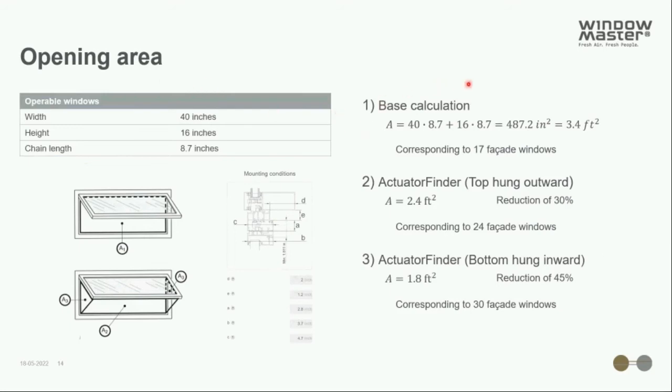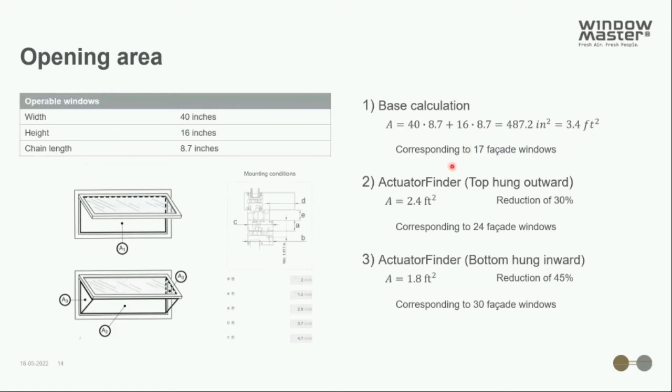If we make a very simple base calculation where we simply ignore the frame area and just calculate based on these dimensions, we will get an opening area of approximately 3.4 square feet for one window. And in relation to the total opening area of the facade that we needed before, which was 55 square feet, this will correspond to a need of 17 facade windows.